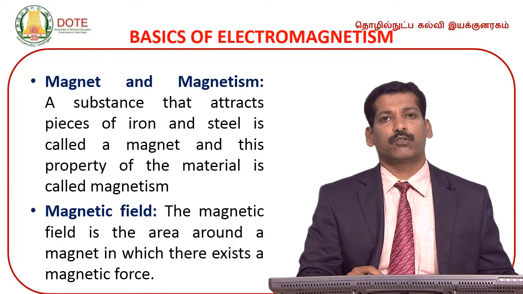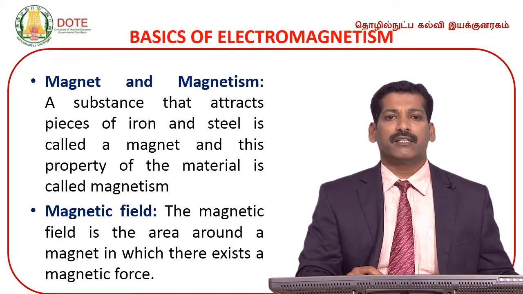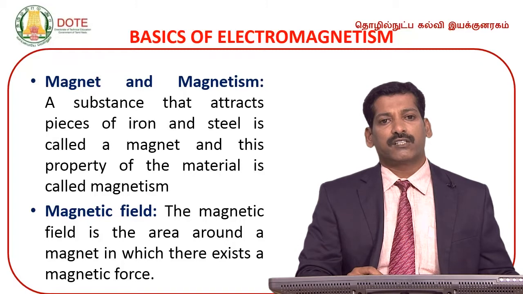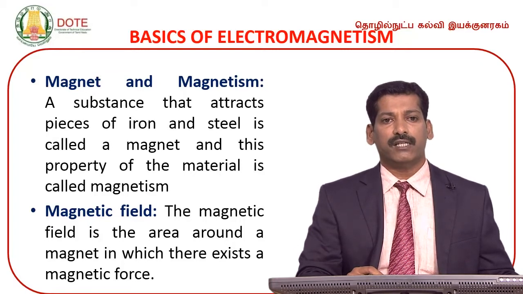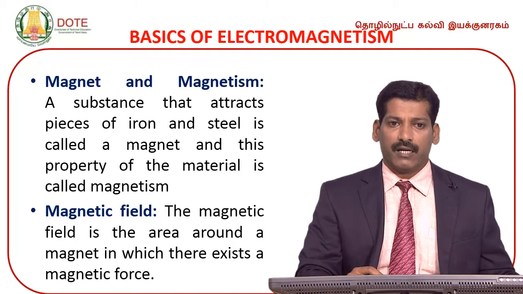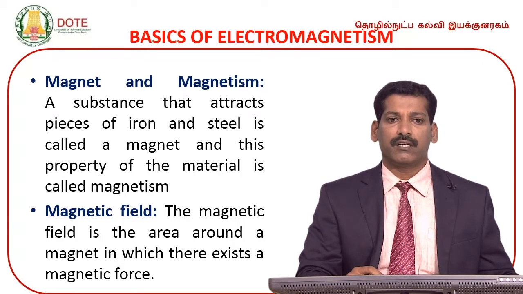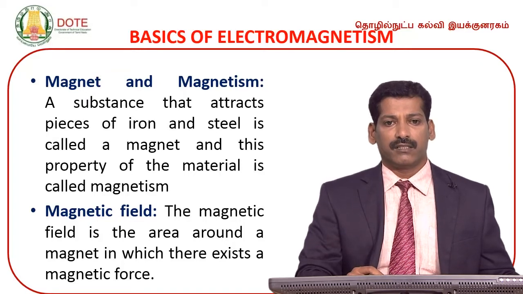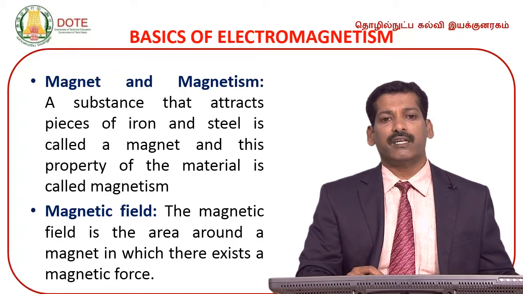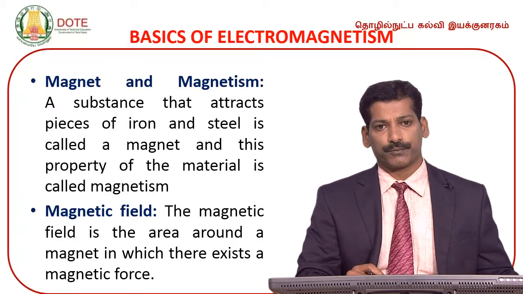Basics of electromagnetism: magnet and magnetism. A substance that attracts pieces of iron and steel is called a magnet, and this property of the material is called magnetism. Magnetic field: the magnetic field is the area around a magnet in which there exists a magnetic force.